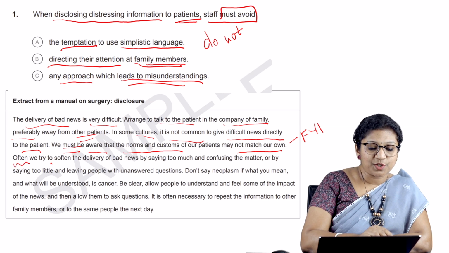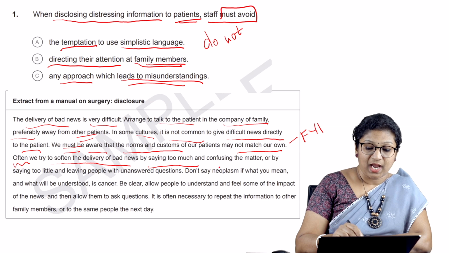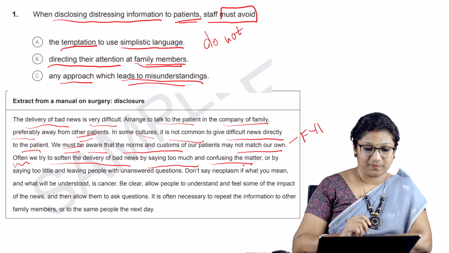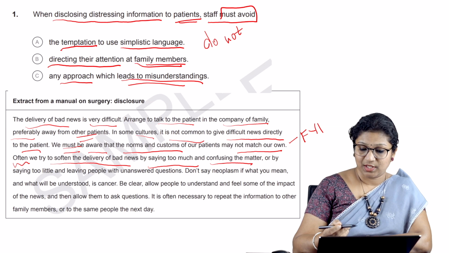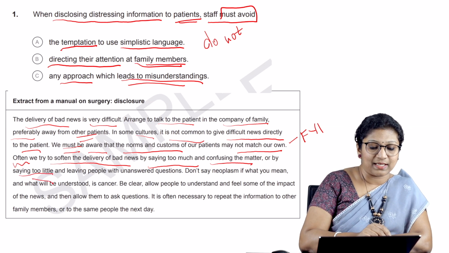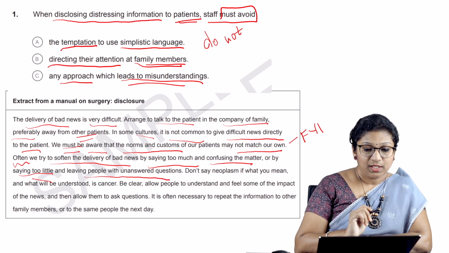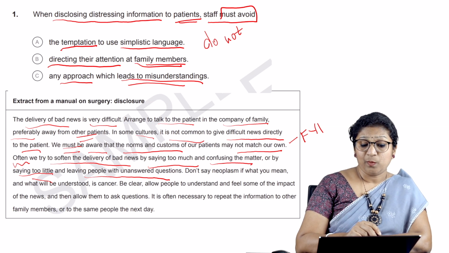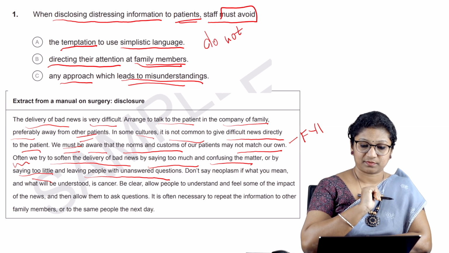Often try to soften the delivery of bad news by saying too much and confusing the matter, or by saying too little and leaving people with unanswered questions. Okay, so it says simplistic language, but it says we soften the delivery of bad news by saying too much.